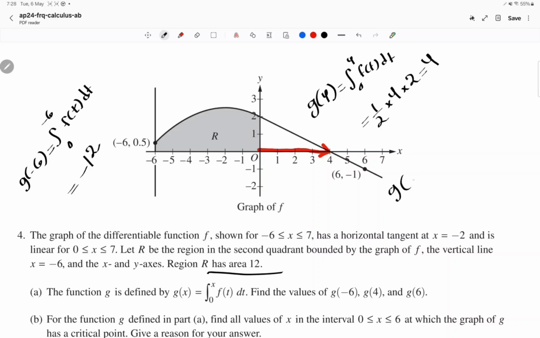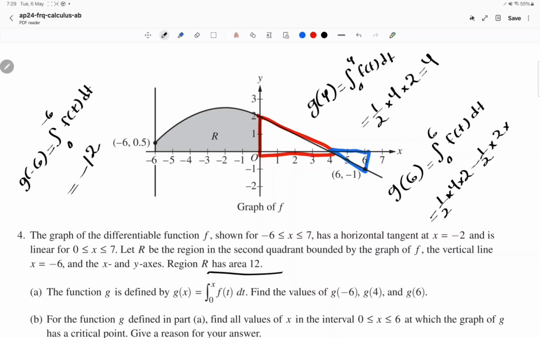And now for the g of 6, we have to do from 0 to 6 of f(t) dt. What do we have right now? We have a triangle above the x-axis and a triangle below the x-axis. So we're going to do half by base by height minus half by base by height. So we're going to do 4 minus 1, which is 3.